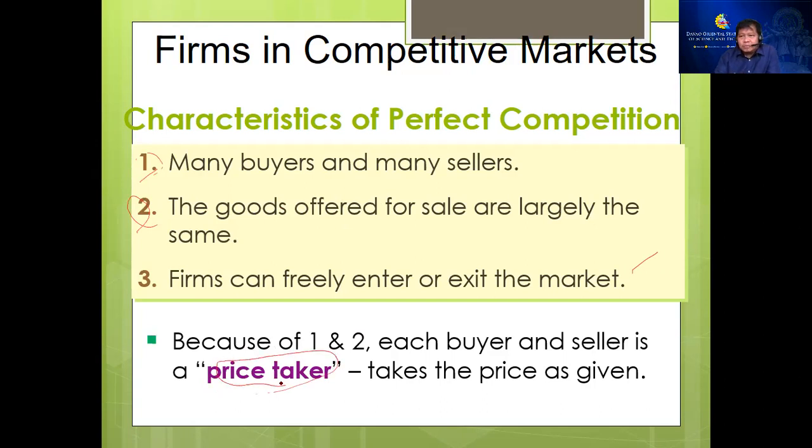Meaning to say, in the perfectly competitive firm, the company has no control over the price of their product, and the buyers likewise have no control over the price, because it is completely controlled by the situations of supply and demand in the market. So remember, if you are an owner of a business in a completely competitive market, you have no control over the price of your product.